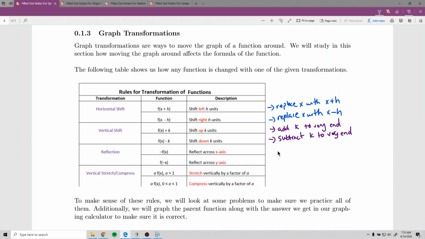All right, reflections. Reflections always come with negatives. You just got to remember where you put the negative. So if you want to reflect across the x-axis, the negative sign goes in front of the entire function.